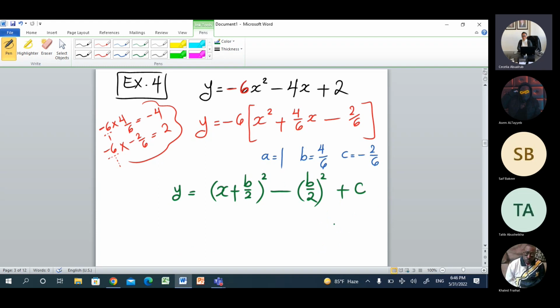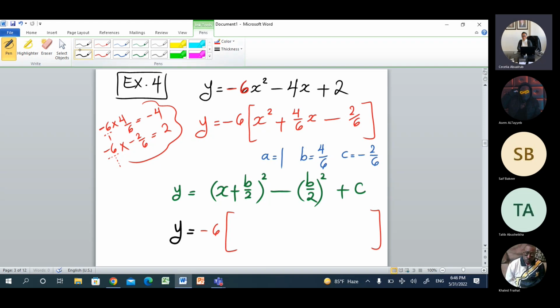Let's substitute the values of b and c in the completed square form. And y is equal to, don't forget, the minus 6 and the squarish bracket.